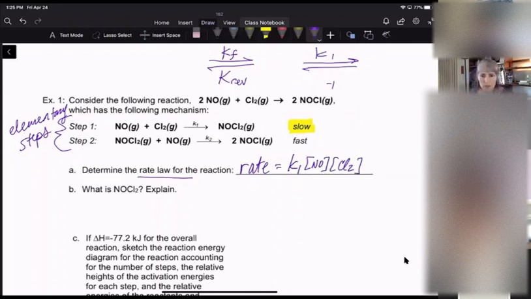So if it's an elementary step, then we can just write the rate law from the stoichiometry for the slow step. Then once you have that NOCl2, it's going to react quickly in the second step with NO to form products. So what is NOCl2? An intermediate.